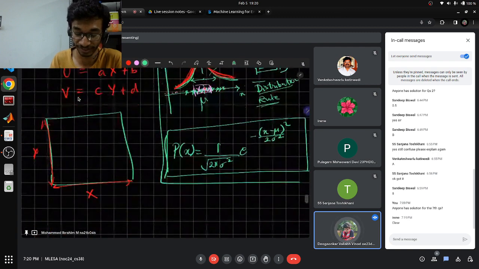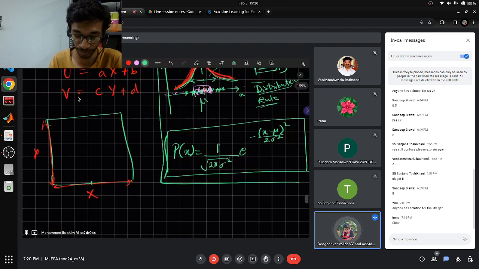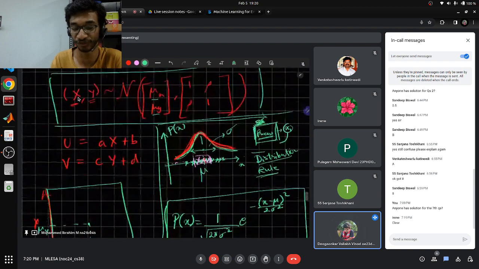So what that means is that there is a point mu x on the x axis and a point mu y on the y axis, and their intersection, let's say, is somewhere here. This point is going to be the mean of this joint distribution.